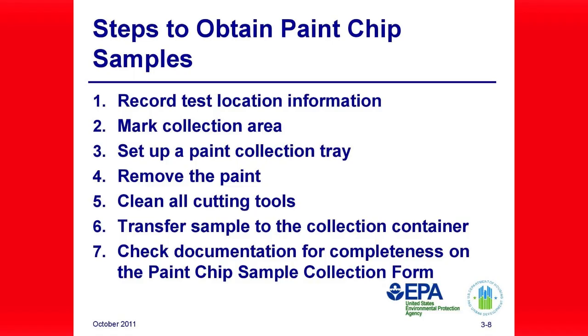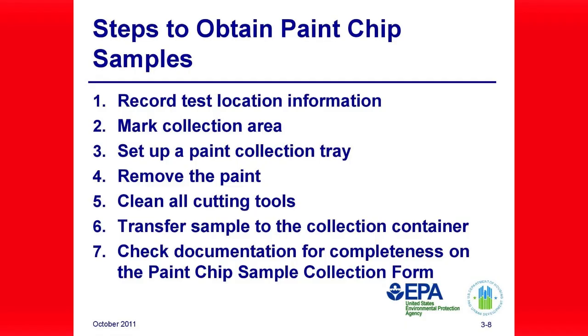Step 4. Remove the paint. Step 5. Clean all cutting tools used during paint sample collection. Step 6. Transfer the collected sample to the paint collection container. Step 7. Check documentation for completeness on the paint chip sample collection form.